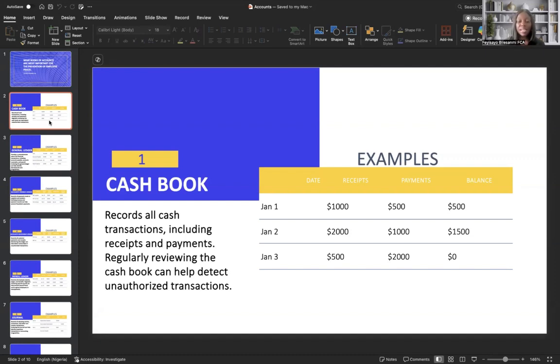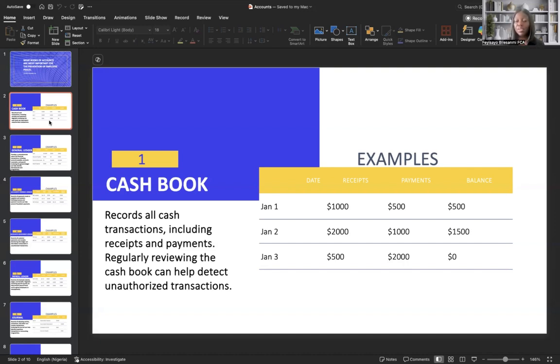Like that, you see the 2nd of January, $2,000 came in, $1,000 of payment was made, and they had a balance in cash book. Remember, they had an opening balance before on the first transaction, which was 500. Now they have another balance of 1,000. So both together will give them 1,500.